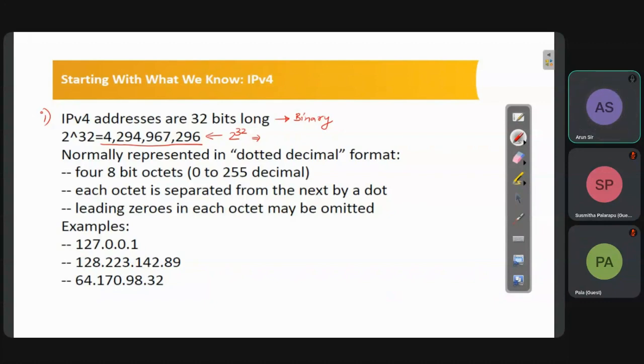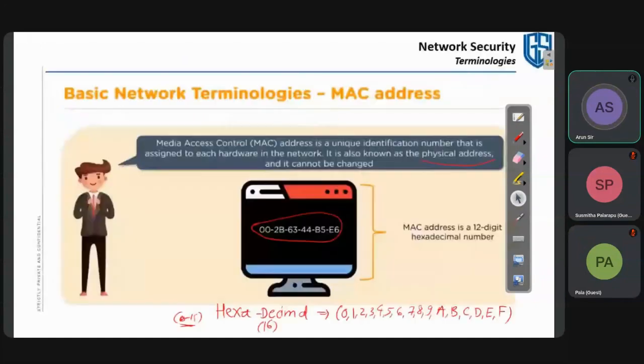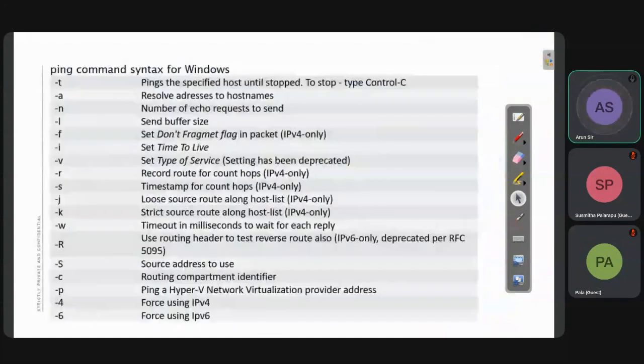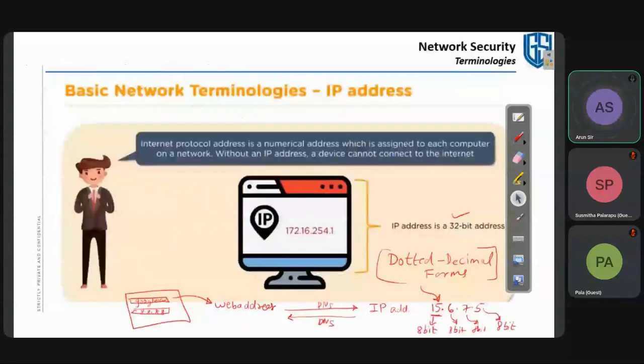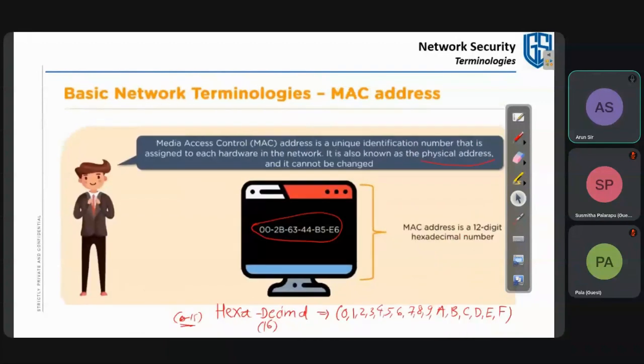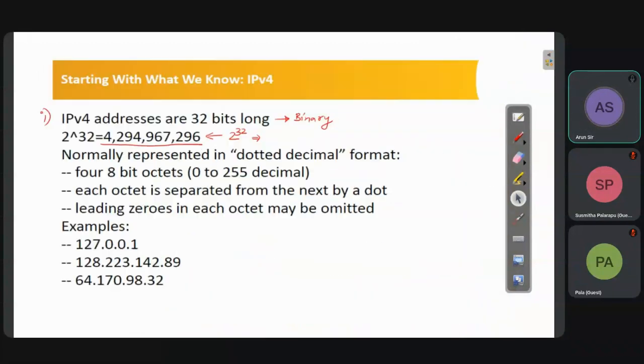Earlier, in this IP, we showed that there are dots, and the dots divide the 32 bits into 4 different sets: 8 bit, 8 bit, 8 bit and 8 bit.